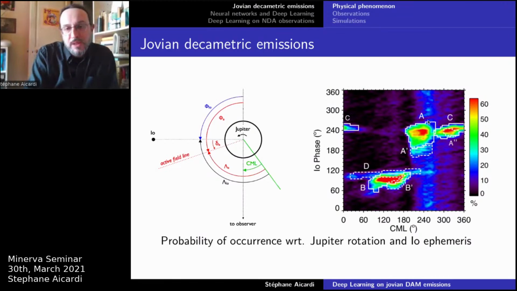We see big peaks of probability of emissions linked to Io, which are A, C, B, and D. And we see also those diffuse emissions here, which are not related to Io. Here are the non-Io-A, non-Io-C, non-Io-B, and D around there.